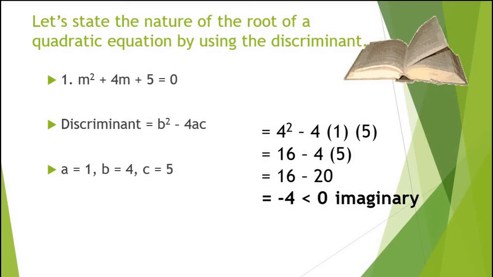So, the discriminant is 4 squared minus 4 times 1 times 5. So, that would be 16 minus 4 times 5, and then that would be 16 minus 20. So, that would be negative 4, which is less than 0, which means the roots are imaginary.